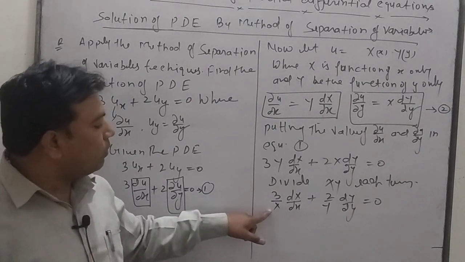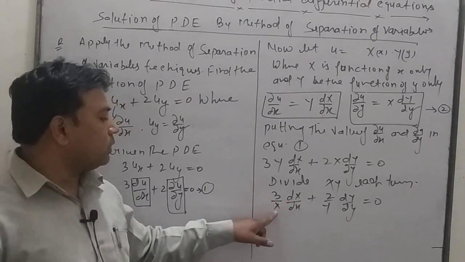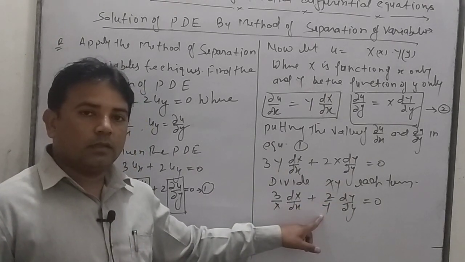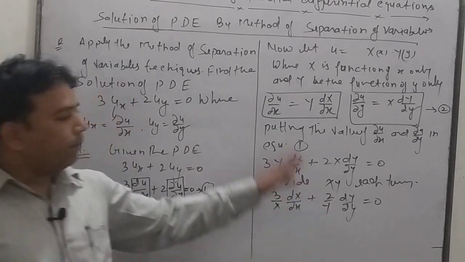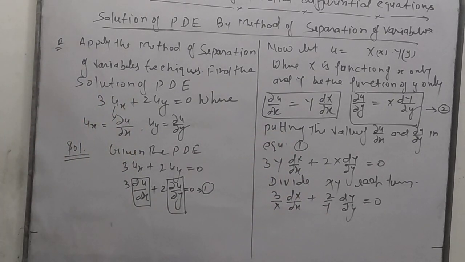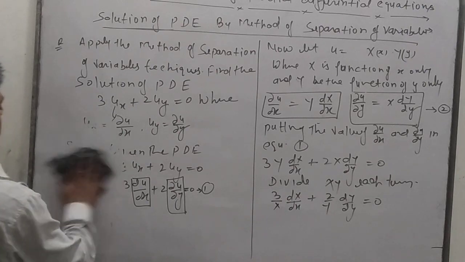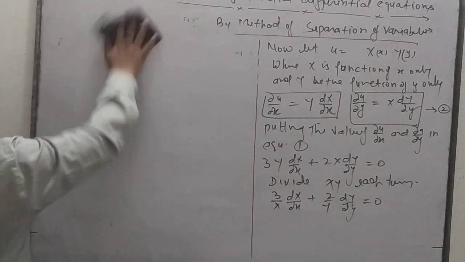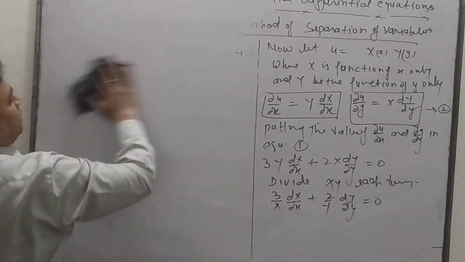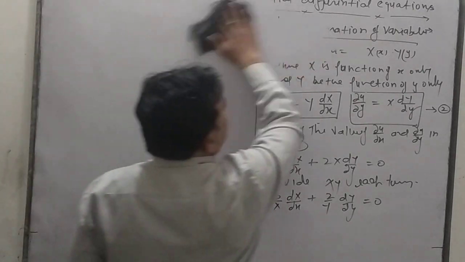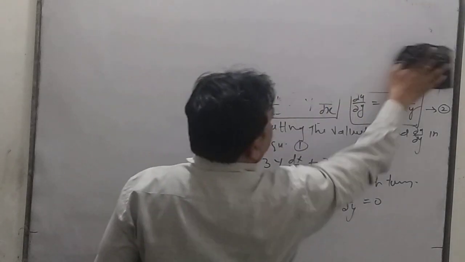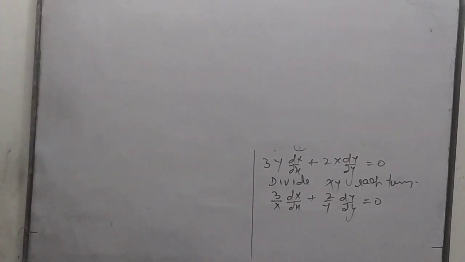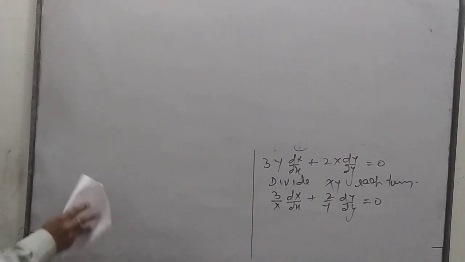So x is the term, dx over dx, x is the term, and dy over dy, y is the term, variable. Now the next step, please make a note. This question is most important for the exam purpose and some lengthy question of this unit, but very simple.